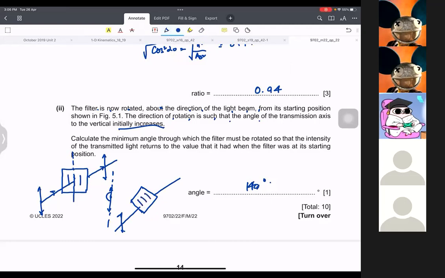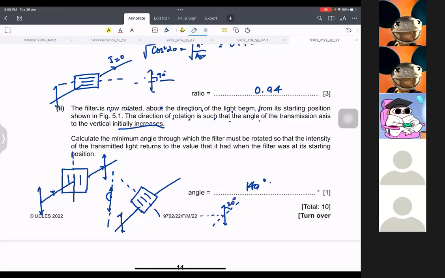When the light goes through here, you need to understand that with this transmission axis and the light, the angle was 20 degrees. Do you understand? Yes. If I keep on rotating it such that it becomes horizontal, the light is vertical, but the filter is horizontal. So now with the transmission axis, it is 90 degrees. So at 90 degrees, you have 0 transmission. Do you understand? Yeah.